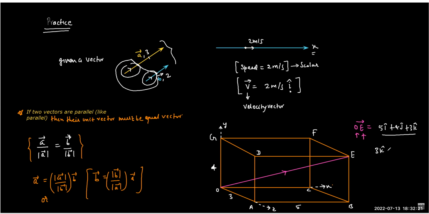And what is the length? 5. So 5 I cap. And then B to E, which direction? Y. And what is the length in Y? 4. Correct. And if you rearrange, you can add 5 I plus 4 J plus 3 K.